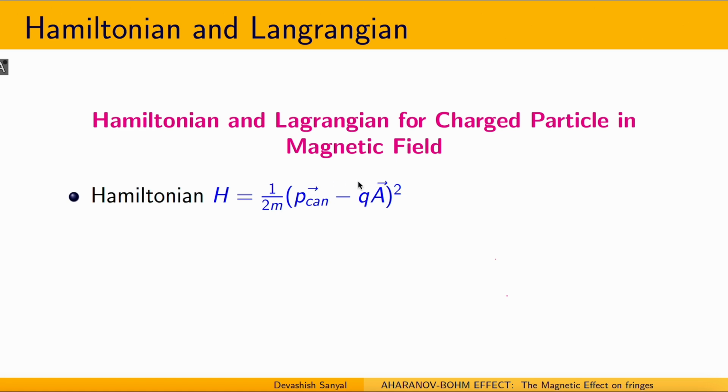So the Hamiltonian is a function of canonical momentum and the position x, which is reflected through A. For a free particle, the Hamiltonian is given by p square by 2m.